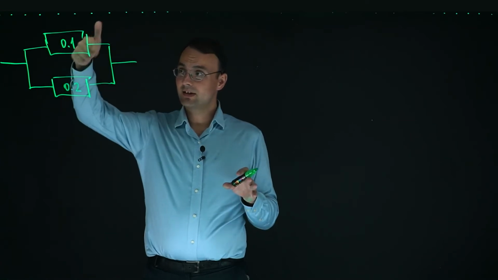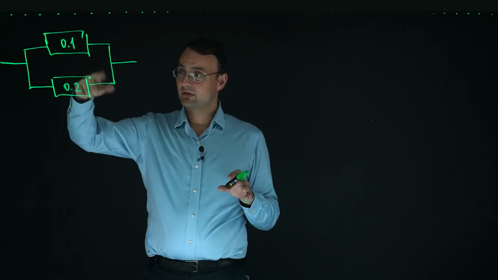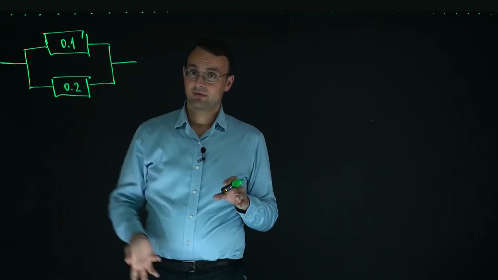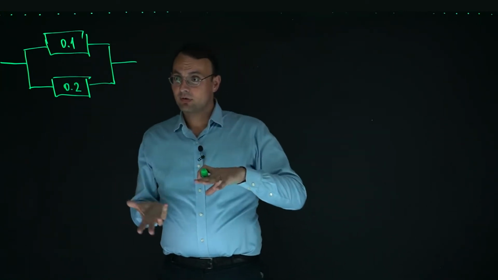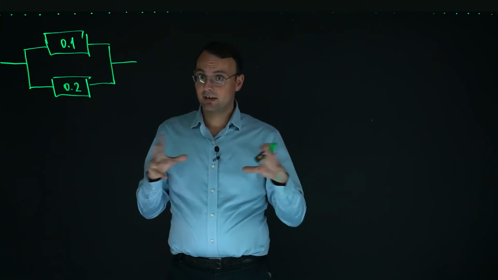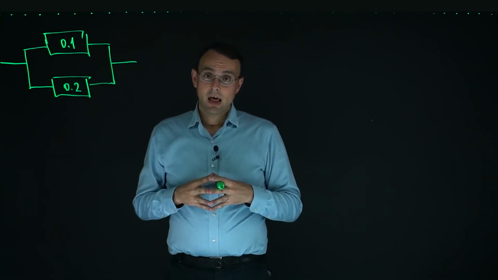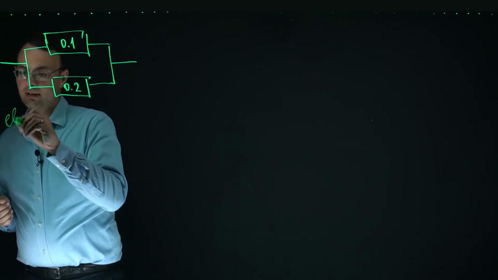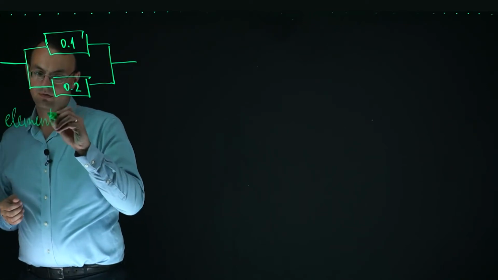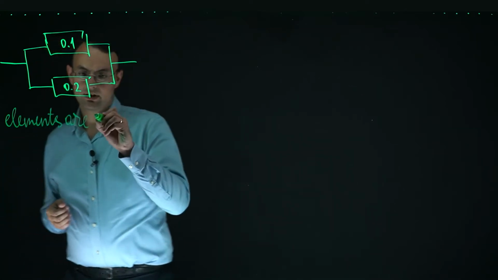So the state of the first one is independent of the second one, and vice versa. So they are in service or out of service independently from each other. So let me say that the elements are independent.